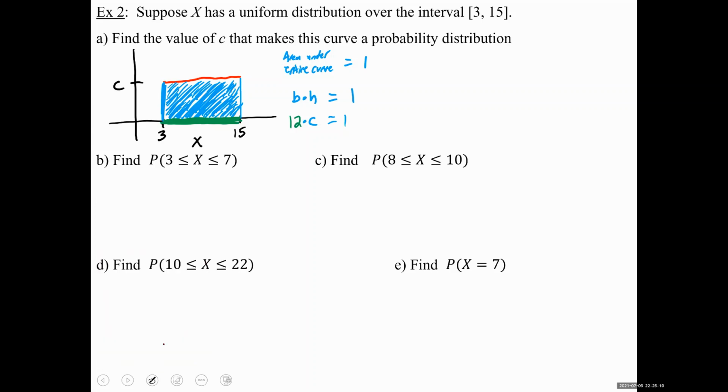Divide both sides by what? By the 12, yeah. And we get c is equal to 1 over 12. Okay, that's the answer to part A. That is the correct height of the curve so that the area of the whole thing is equal to 1. Questions on part A?